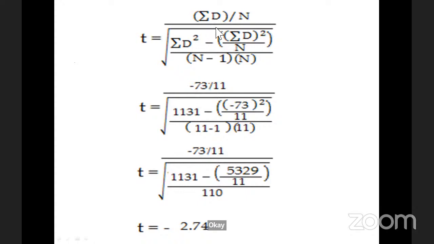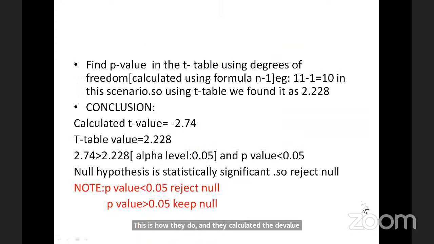And they calculated the t-value like this. The calculated t-value was minus 2.74 if we apply it like that. So find the t-value in the t-table using the degrees of freedom. Degrees of freedom is calculated using the formula n minus 1. If the sample size is 11, then 11 minus 1 is 10 in this scenario. And the t-table is like our logarithm table.